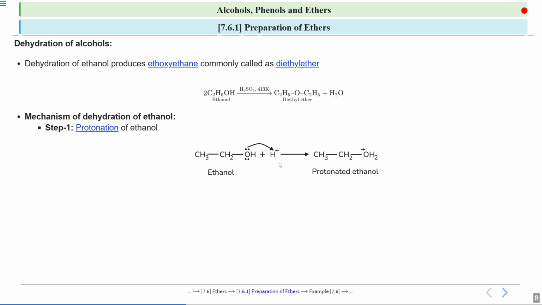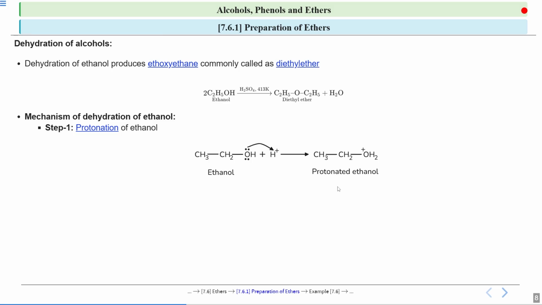It is electron deficient, so it is an electrophile, and this oxygen has electron density to donate. So it will give its electrons to this hydrogen, and from this ethanol a protonated ethanol is formed. On oxygen you will see there is a positive charge. So this is a protonated ethanol.